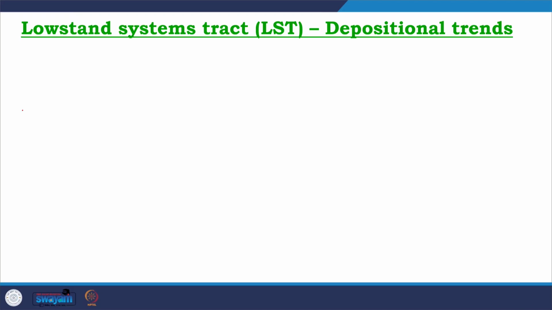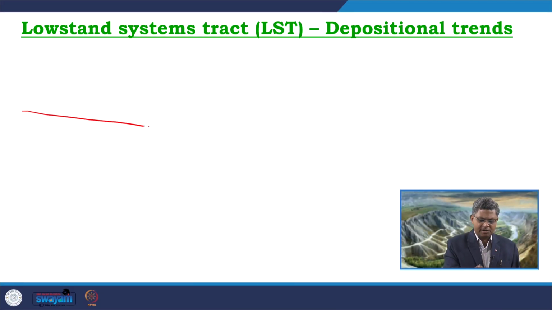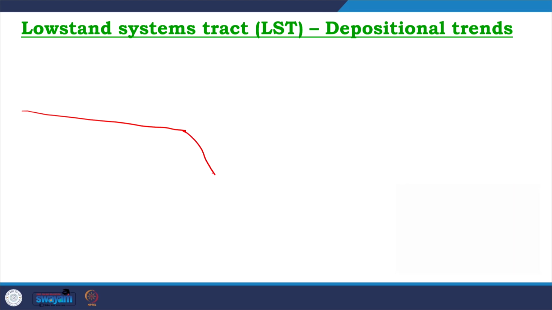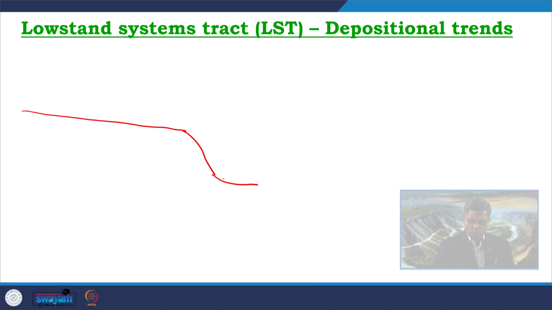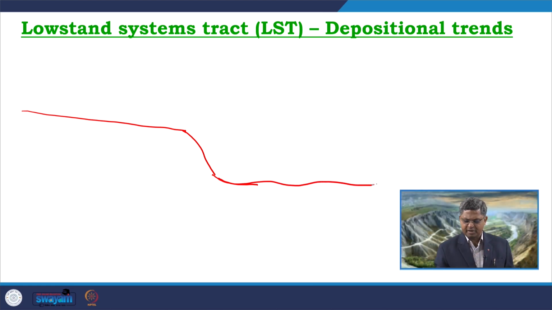Let us think of this as the subaerial unconformity, which is formed on the continental side at the end of the forced regression. Then also we know when we reach the shelf edge at the end of the forced regression, in this part we expect a delta has formed along the slope, and then we come down to the basin floor, where we get deposition of the turbidite deposits, high density turbidites or the mud flow deposits.